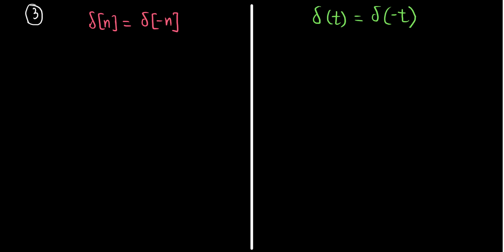There are several other properties for this impulse signal, and the next property that we are going to look at is what is called the scaling property.